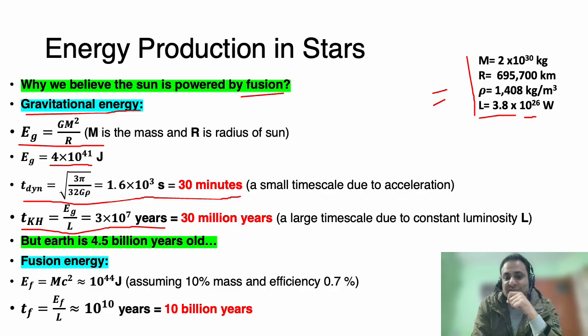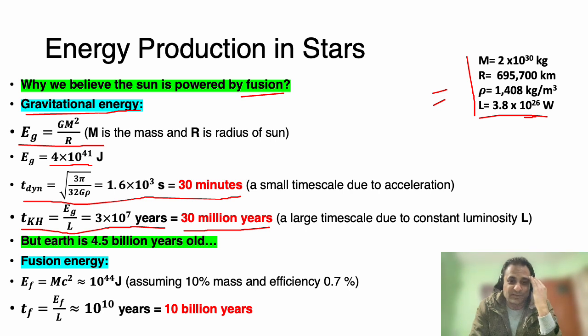So the luminosity of the sun will be constant, 3.8 multiplied by 10 to the power 26 watts. If at this constant power the sun keeps converting the gravitational energy, then the total time that it can survive is 30 million years, which is quite higher than 30 minutes.